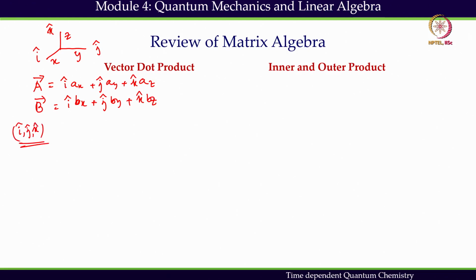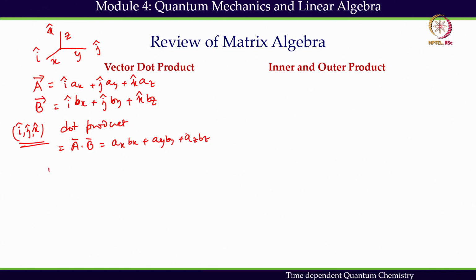And the algebraic definition of the dot product: A dot B is given by Ax Bx plus Ay By plus Az Bz.